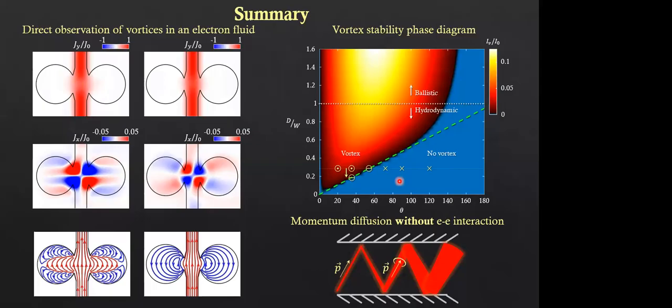Now, before I finish, there's one small thing which I should mention: the values of Gurzhi length which we get from this experiment, this fitting with this phase diagram, was about how much?